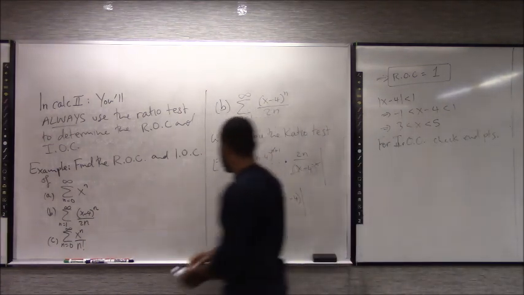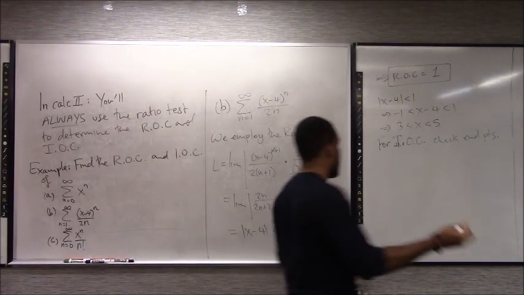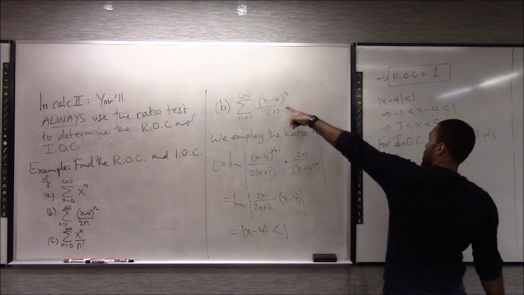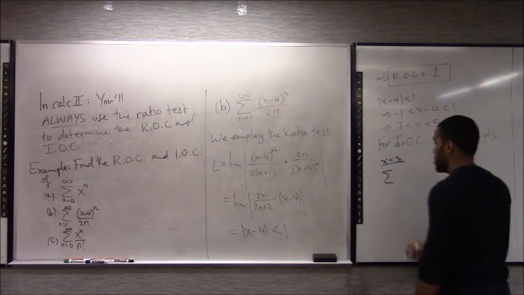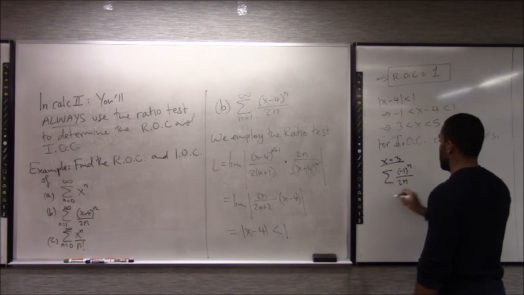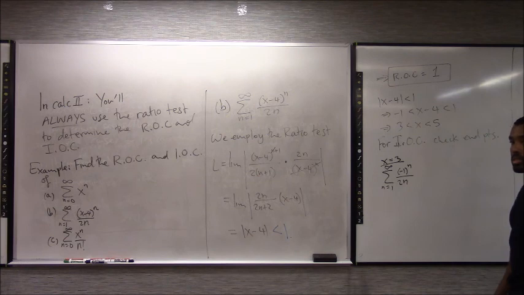So what happens when my x is 3 and what happens when my x is 5? So I'm going to look at x equals 3. I'm going to go to the original series and plug in 3 for x. 3 minus 4 is minus 1, so this is minus 1 to the n over 2n, and goes from 1 to infinity. Converges or diverges?